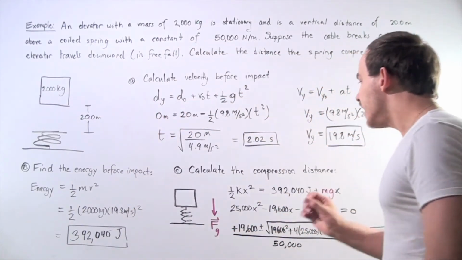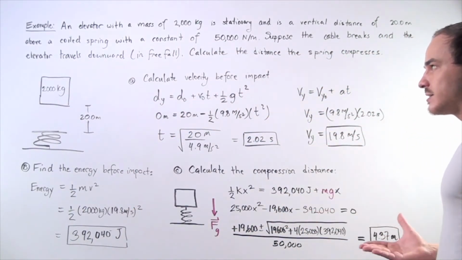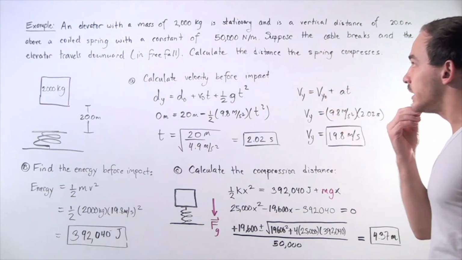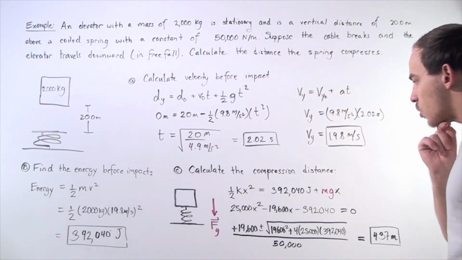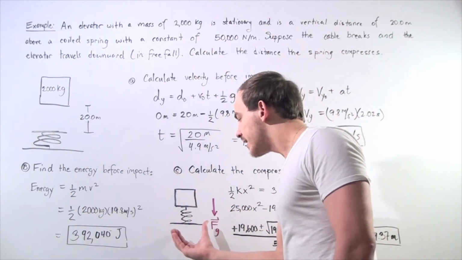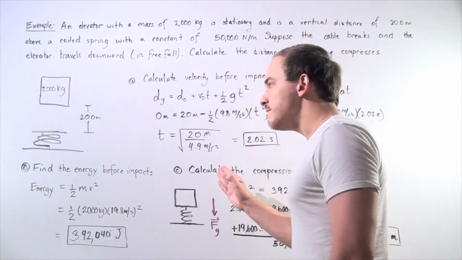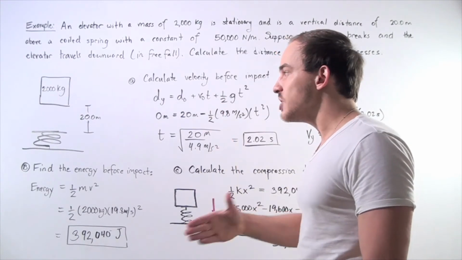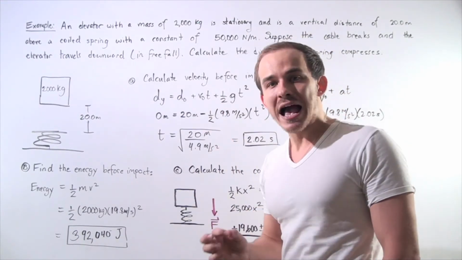So let's calculate the compression distance, what we're actually calculating from the beginning. So now this is the tricky part. Notice that the spring does work on the elevator to stop the elevator, but it also does work against gravity.